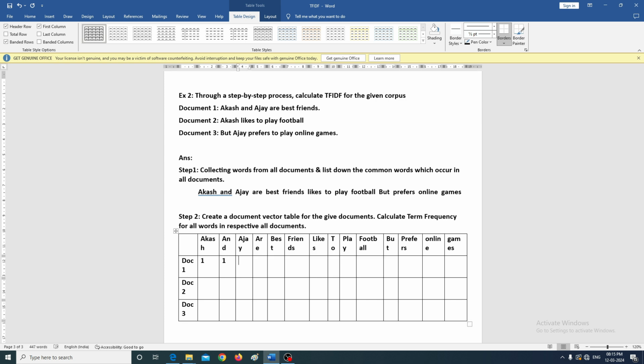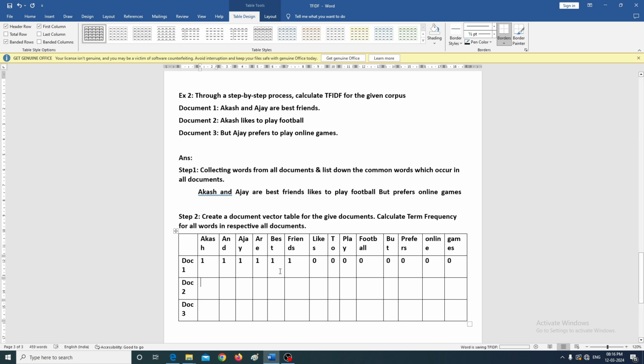Next the word and, also one time in document 1, next Ajay one time, next are only one time, next best one time, friends 1. Next likes, to, play: these words are not available in document 1, so the term frequency for likes, to, and play would be 0. I am placing 0 here.